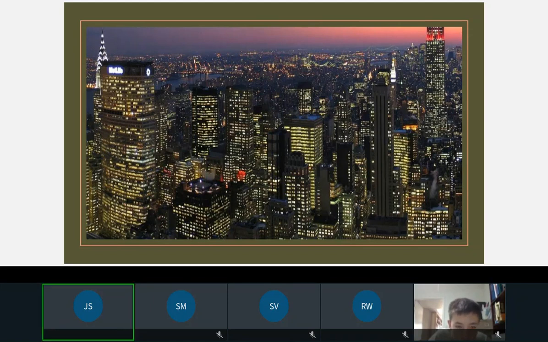So what is the process that we call, somebody used their text tool there on top. What is the process that we call the growth of cities? The movement from the country to the city.